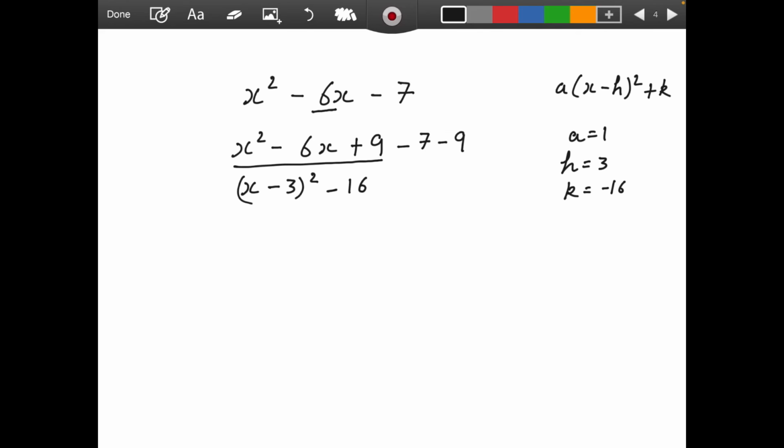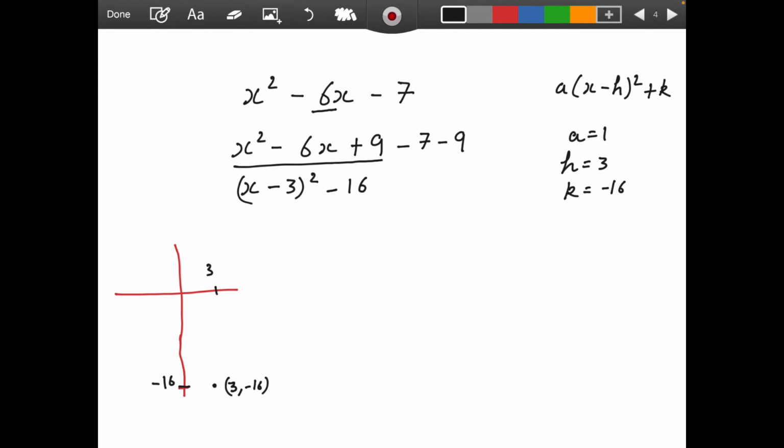Let's plot the coordinates of the vertex in the graph. h is 3, so it would be somewhere here, and k is minus 16, which would be slightly down below here. So we would have this 3 and minus 16 here.